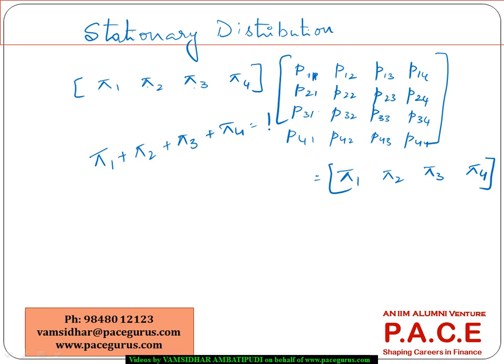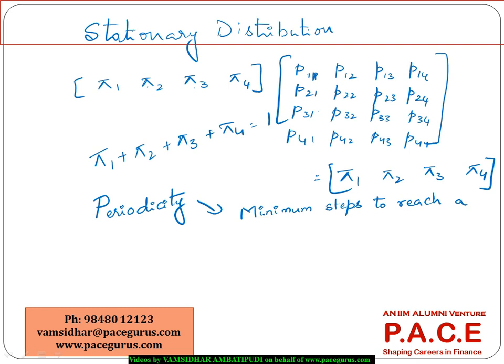Now one more concept that needs to be understood very well is the concept of periodicity. Periodicity is nothing but the minimum time or minimum steps to reach a particular state from another state.